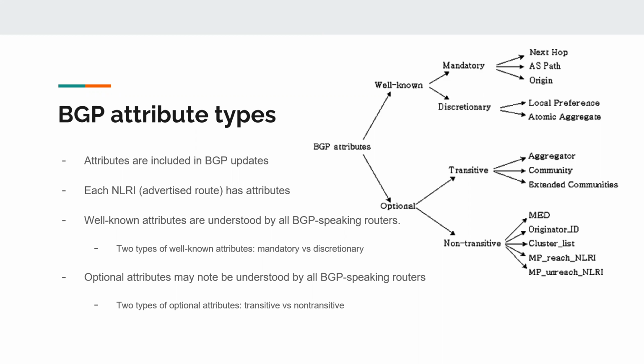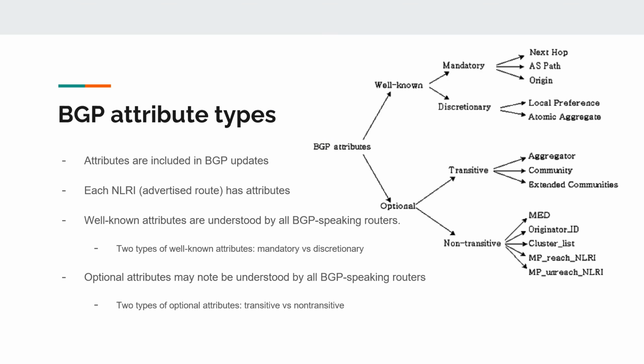There are different categories of attributes. A well-known mandatory attribute is an attribute that has to be included with every BGP update. A well-known discretionary attribute is an attribute that every router understands, so it's well known, but it doesn't need to be included in every update.